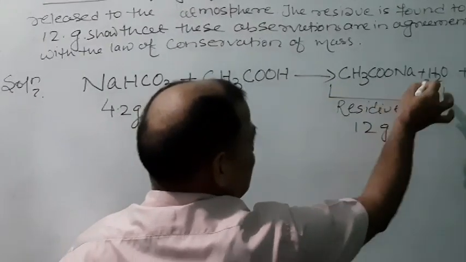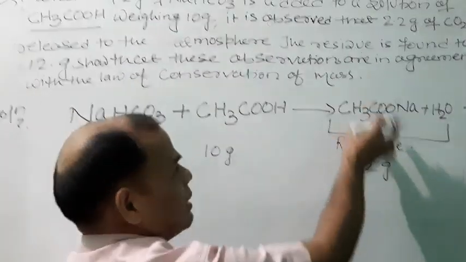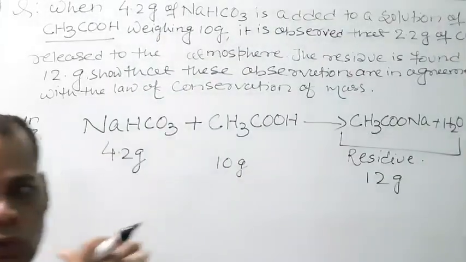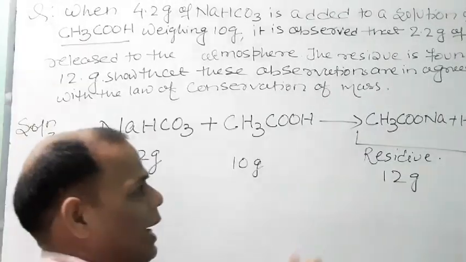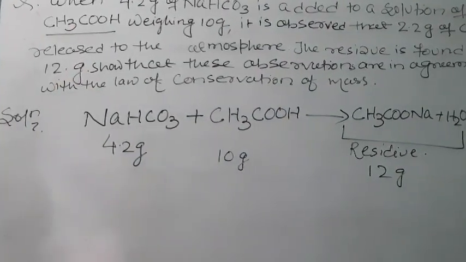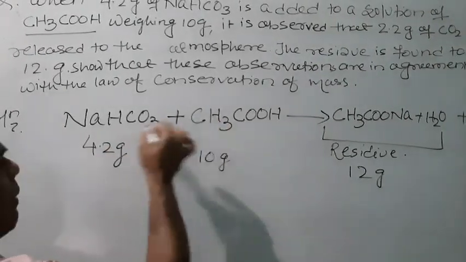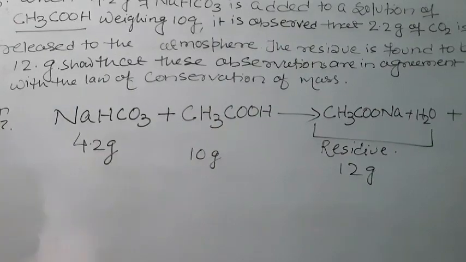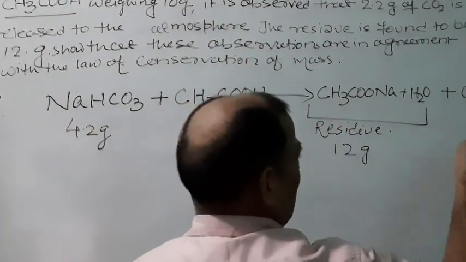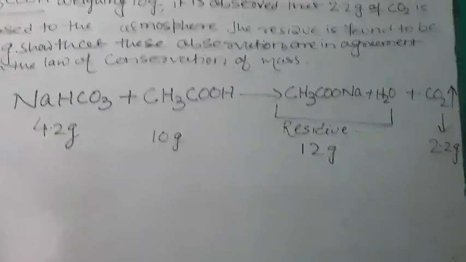So CH3COONa plus H2O is in solution form, which the question calls residue, and carbon dioxide. As per the information, the 4.2 gram of NaHCO3 combined with 10 gram of acetic acid forms 12 gram of residue, and 2.2 gram of carbon dioxide is released to the atmosphere.